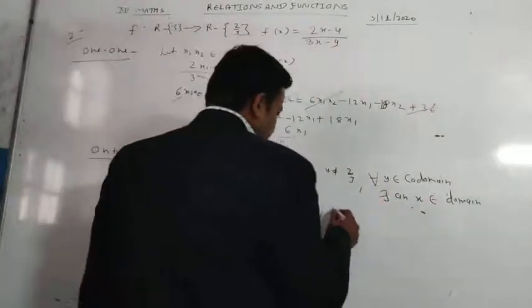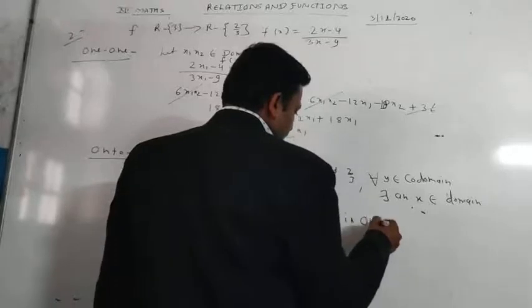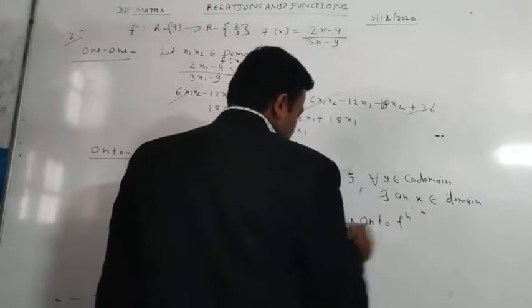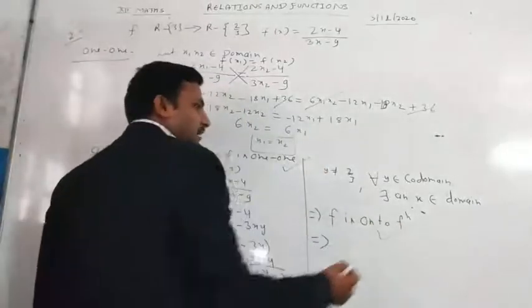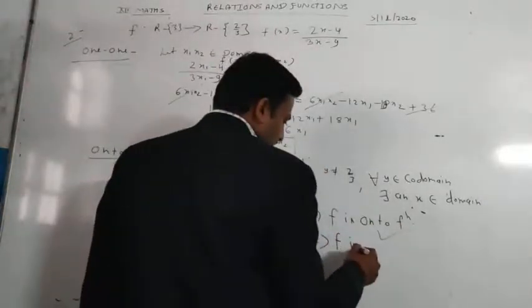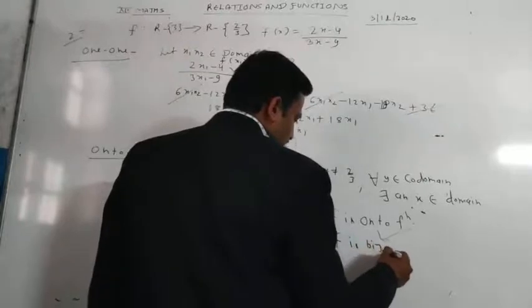This implies our function is an onto function. And if the function is one-one and onto, then our function is a bijective function.